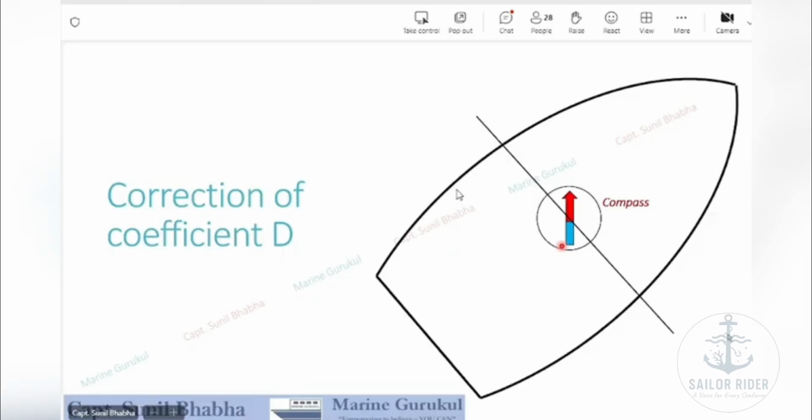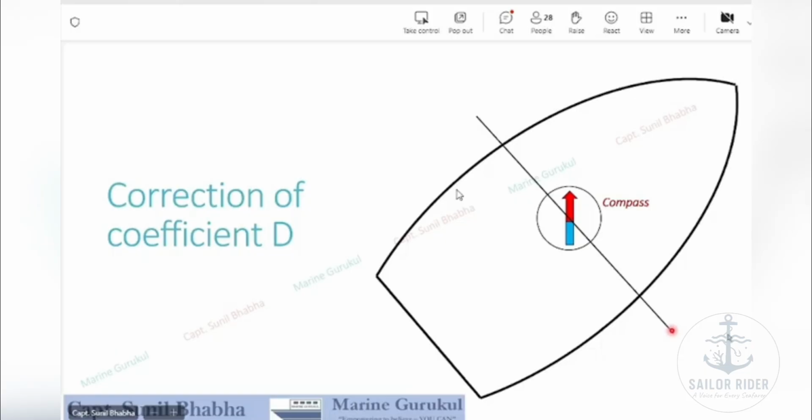Now this is the soft iron structure, an Athwartship beam, which is responsible for generating coefficient D, coefficient delta. Now since this beam is a soft iron structure, it does not have any permanent magnetism or any permanent poles. The magnetism in this beam is induced magnetism, and it is generated by the magnetic field of the earth.